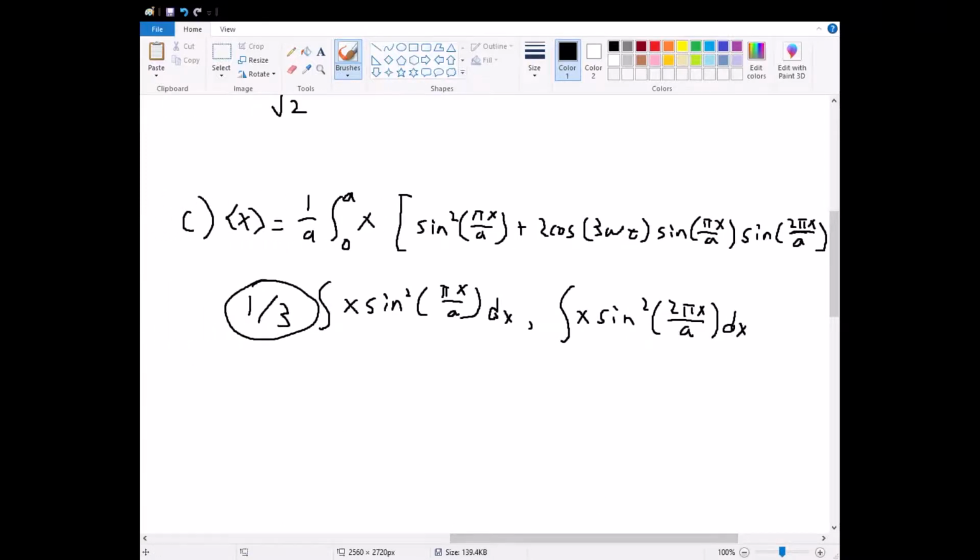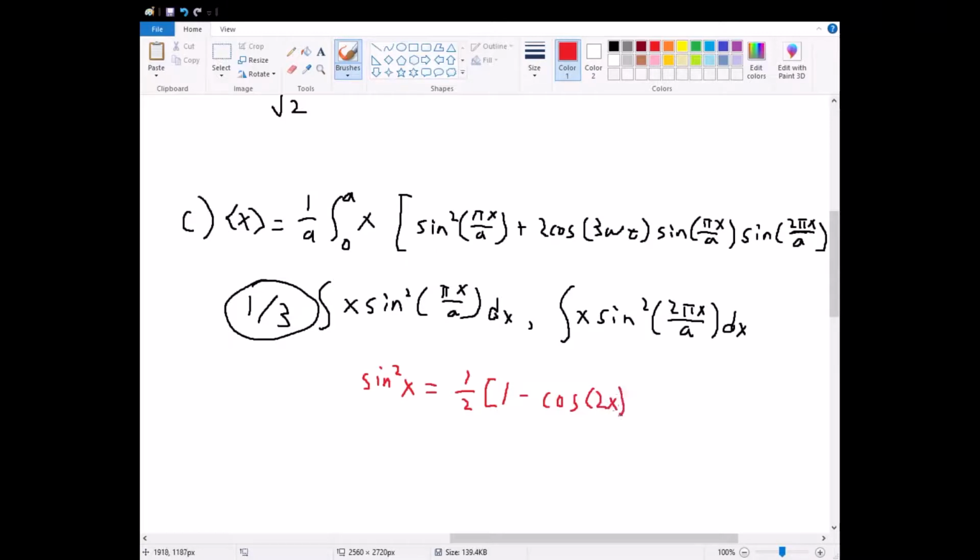We're going to take advantage of the power reduction trig identity, which states that sine squared of any variable, let's call it x, is equal to 1/2 times 1 minus cosine of 2x.